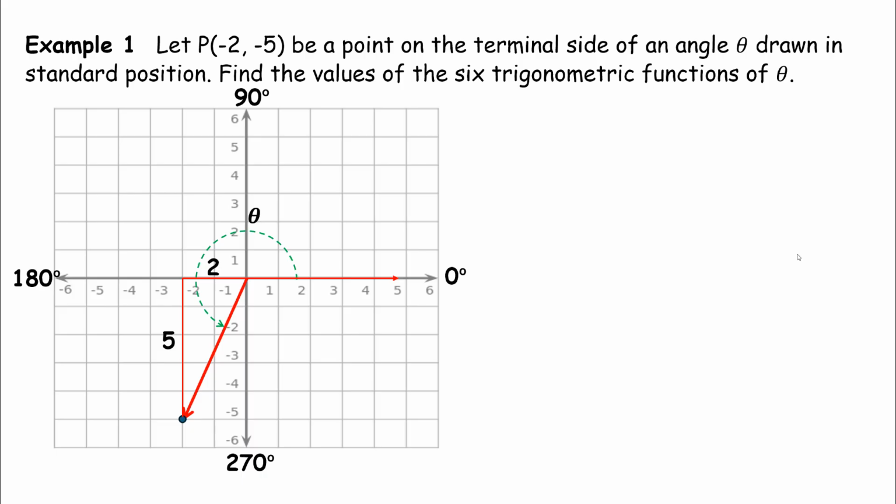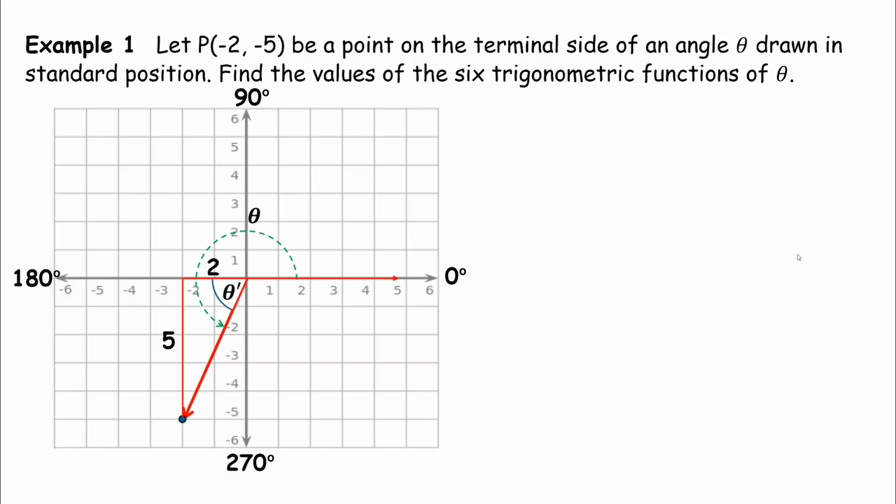And the angle that we call the reference angle for the angle theta, we call it theta prime, which is just theta with a little apostrophe next to it. It's the acute angle between the terminal side and the x-axis. And we will use that angle to find the sine, cosine, and tangent and the reciprocal functions for theta, our big angle that is something between 180 and 270 since it's in the third quadrant.